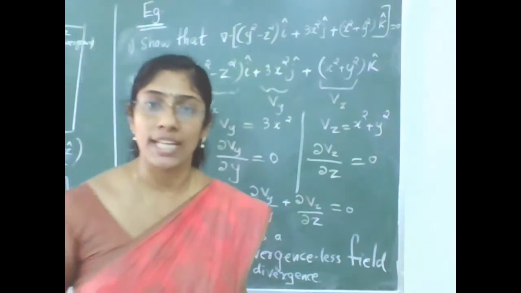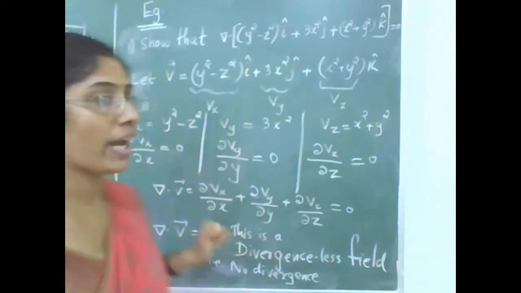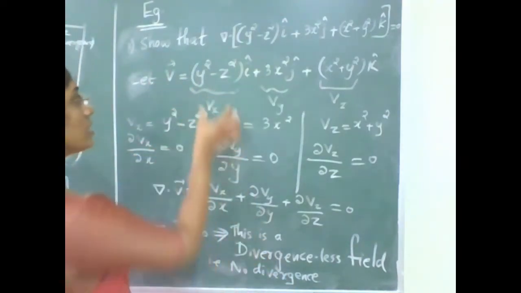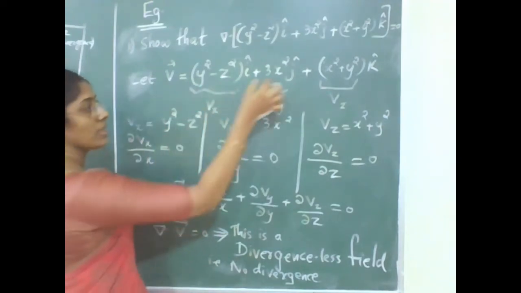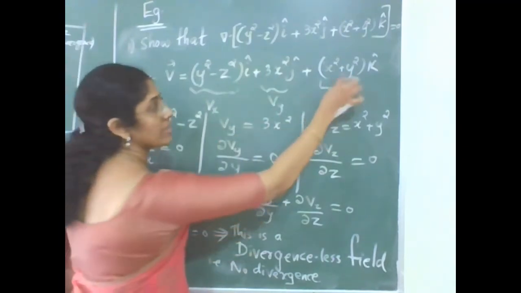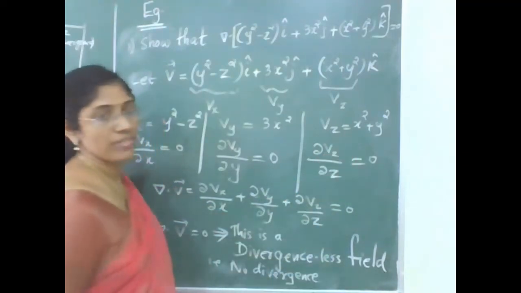So we have to show that the divergence is 0 for this particular vector function. I have taken the vector function V: this is the x component, Vx is equal to y square minus z square. This is the y component, Vy is equal to 3x square, and this is the z component, Vz is equal to x square plus y square.